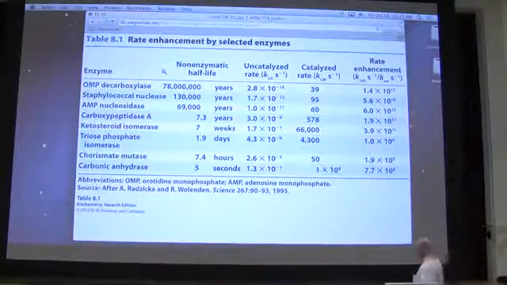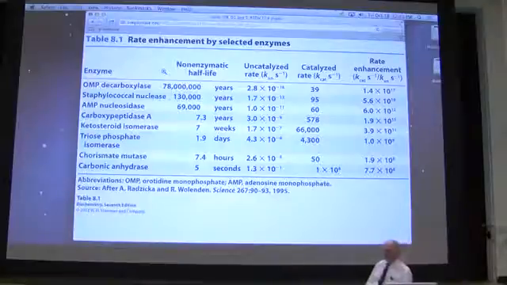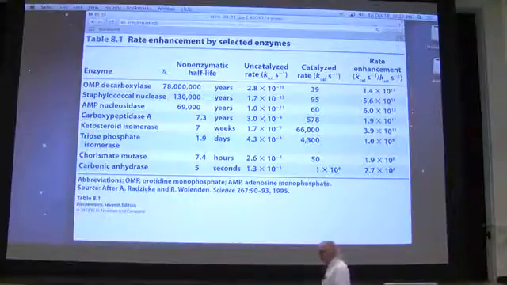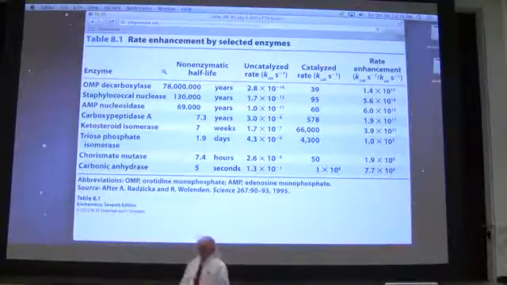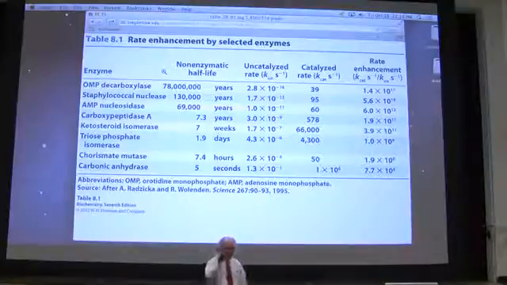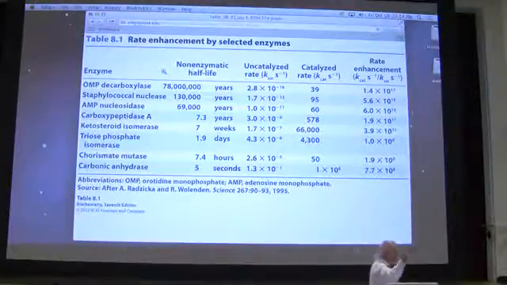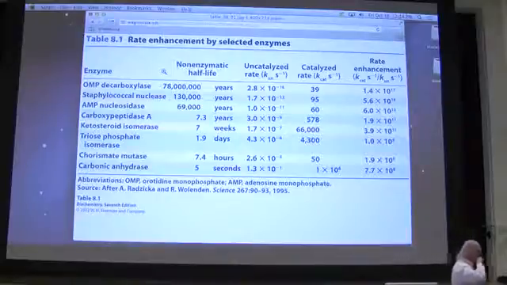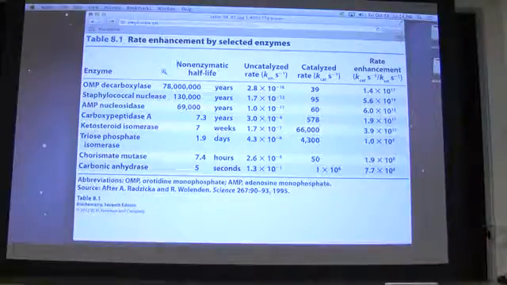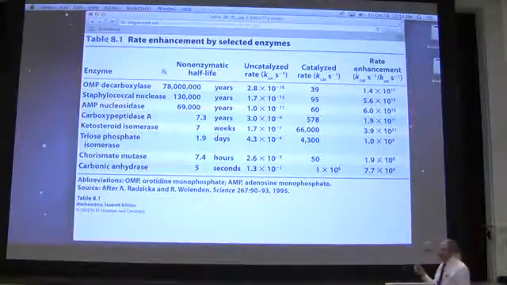This says that this enzyme will produce 1 million molecules of product per molecule of enzyme every second. I take one enzyme molecule, I take the things it catalyzes, and 1 million of them will be converted into product per second. That's pretty hard to get your head around.